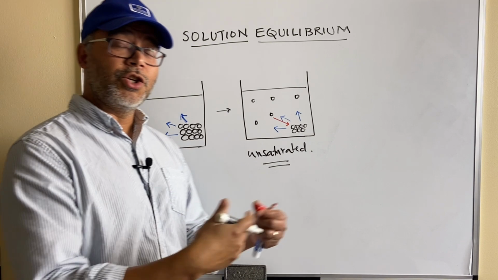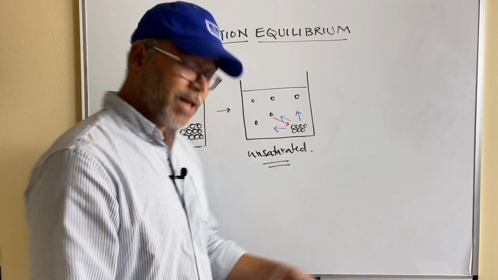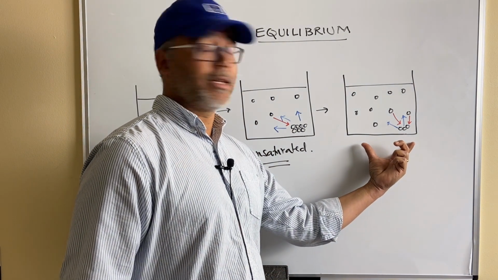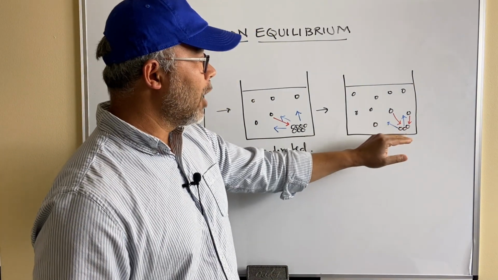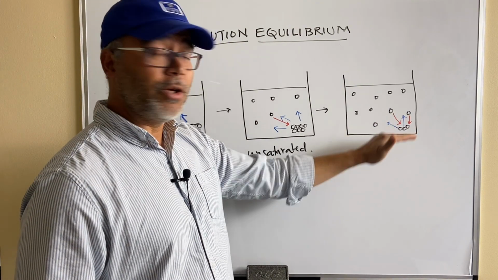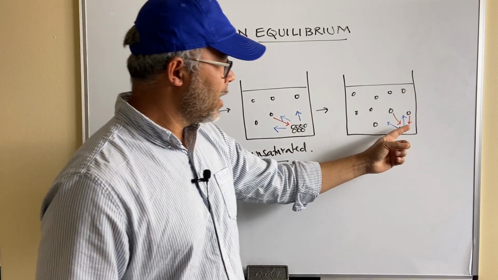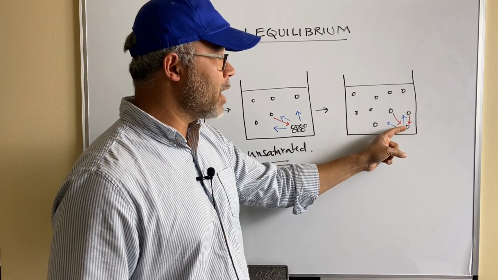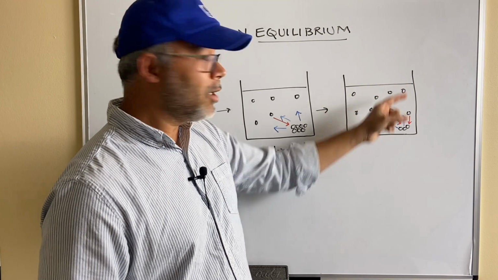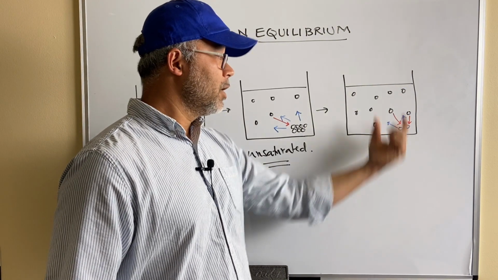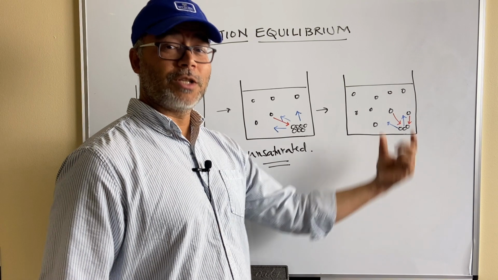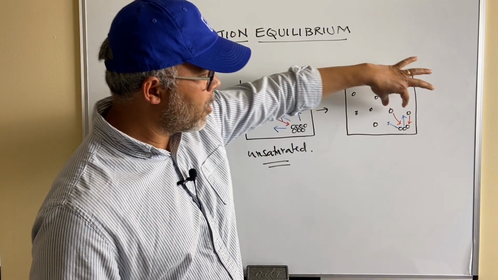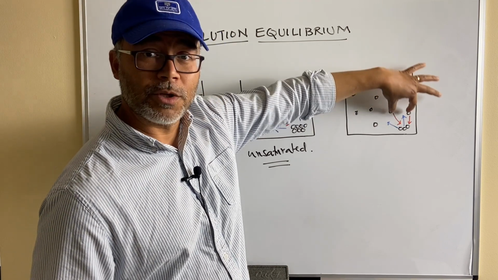Now, this is going to continue going, and after some time, this is what's going to happen. So now you have a saturated solution where you can see that a lot more crystals, a lot more molecules have gone into solution, and the number of blue arrows equals the number of red arrows, which simply means that the rate of dissolution, so the blue arrows is the rate of dissolution, so the number of molecules going into solution, equals the red arrows coming down, where these are trying to reform the crystal, okay?